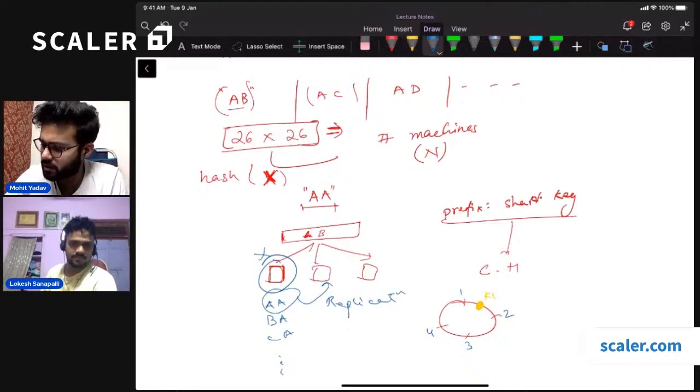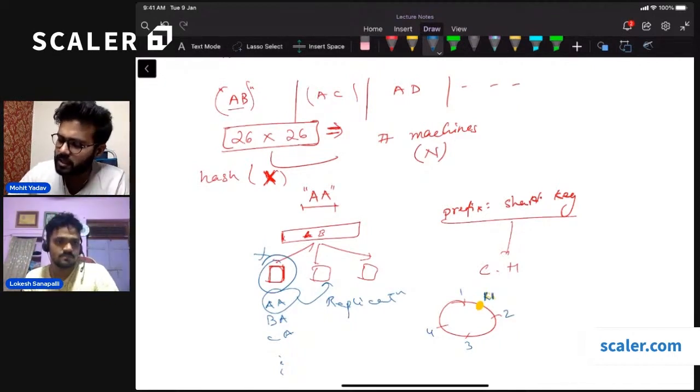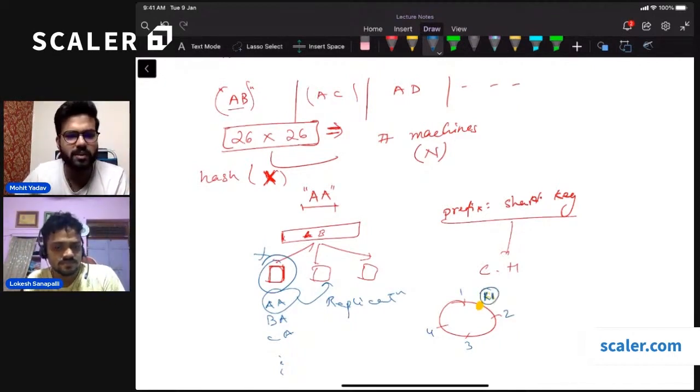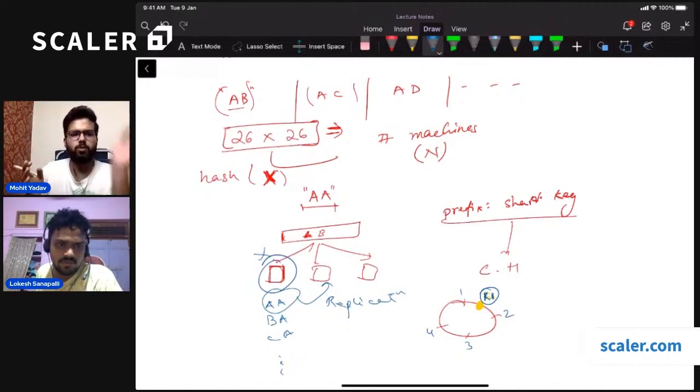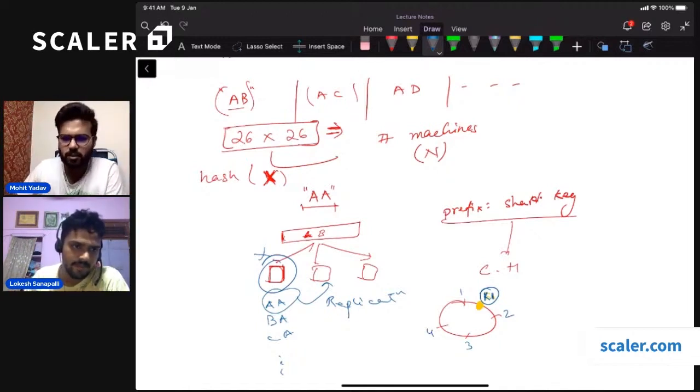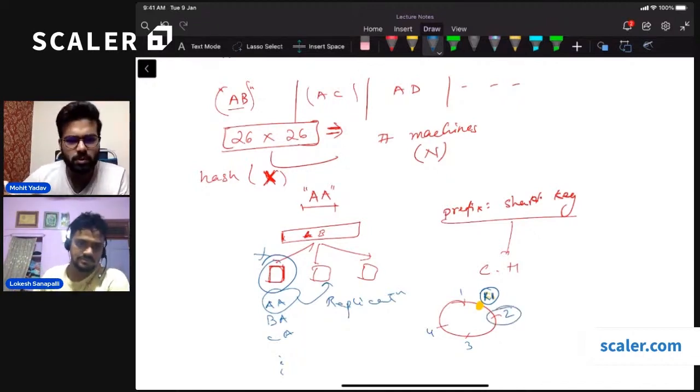On which server will the data for K1 be stored? Either you go in the clockwise direction or anti-clockwise. Let's choose the clockwise convention and store it in 2. So 2 is holding my data.